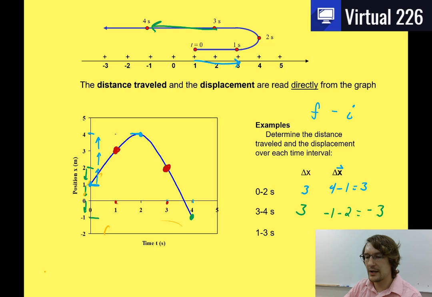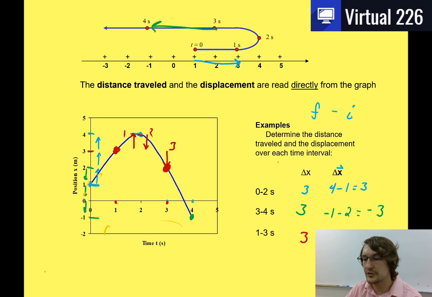So to count a distance, we need to count every step we take, and we're going both up and down. So we start at 3, but we're going up to hit 4 at the peak. That's 1 step. Then we're coming back down to the 3. That's 2 steps. And then we're going 3 to 2 for a 3rd step. So there's 1, 2, 3 steps we've taken here. That is 3 meters. Okay.